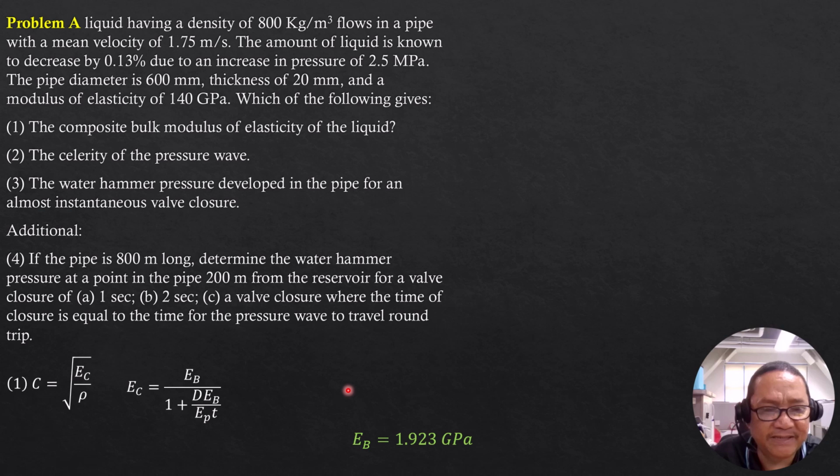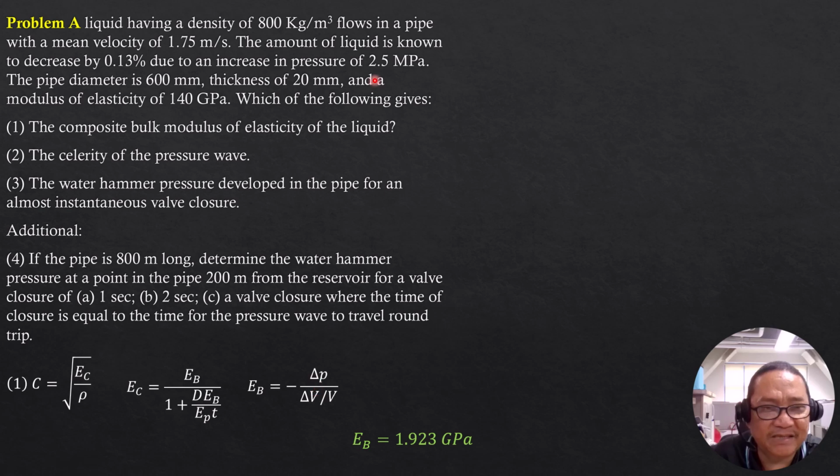E sub B equals negative delta P over delta V over V. And delta V is negative because we have here a reduction in the volume, which is 0.13%. So this is negative, so that the bulk modulus of elasticity of the flowing fluid would be positive.